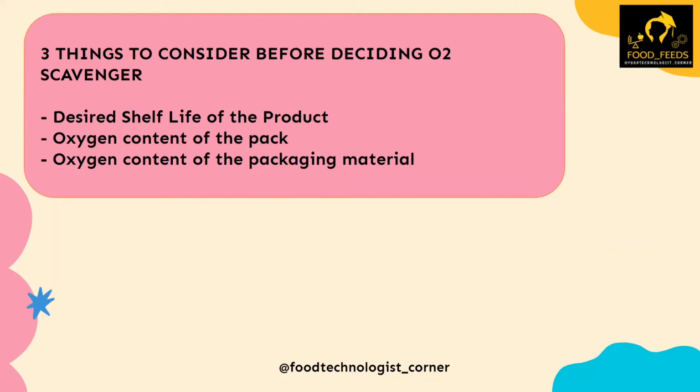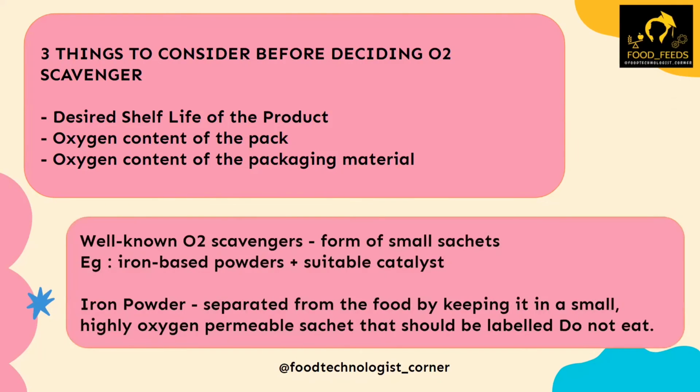Second is the oxygen content of the pack and also the oxygen content of the packaging material. As I said, all the well-known oxygen scavengers are available in small sachet form, which contains various iron-based powders, combined with a suitable catalyst, which will enhance the rate of absorption of the oxygen.